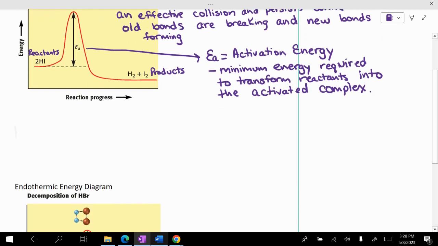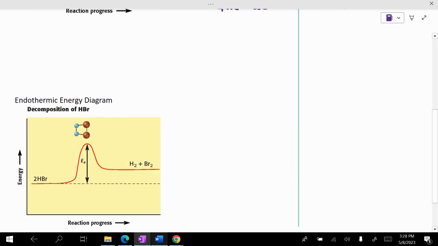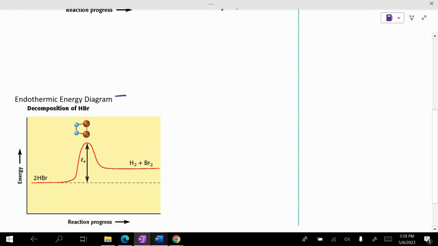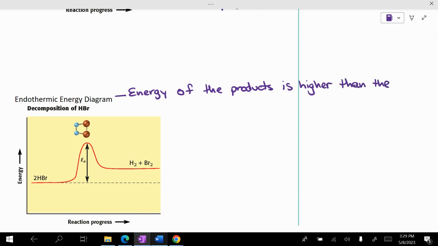And so an endothermic energy diagram, the energy of the products is higher than the reactants.